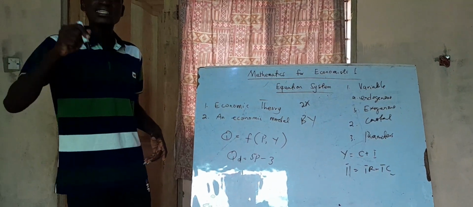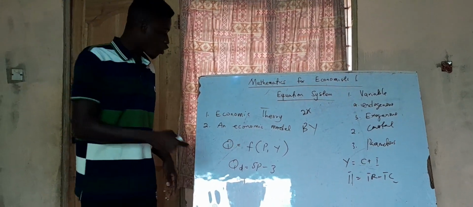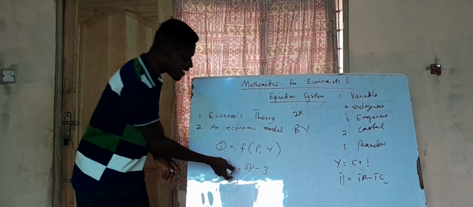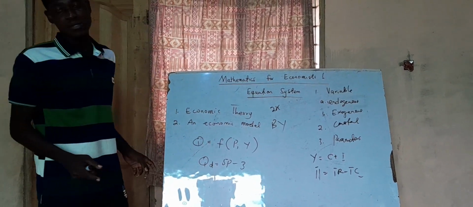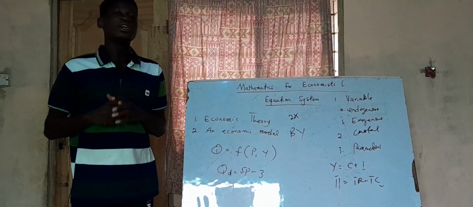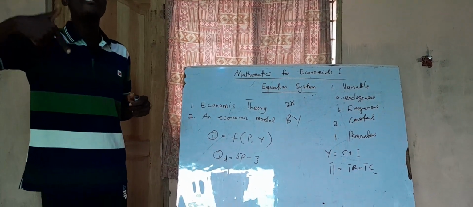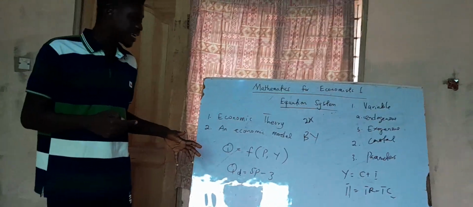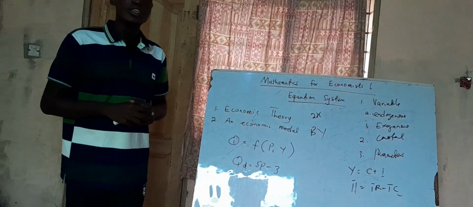How much the quantity will be depends on the price. So a change in the price will automatically affect the quantity that will be bought. So that is the behavioral equation. It captures the response of one variable as a result of a change in some other variables.